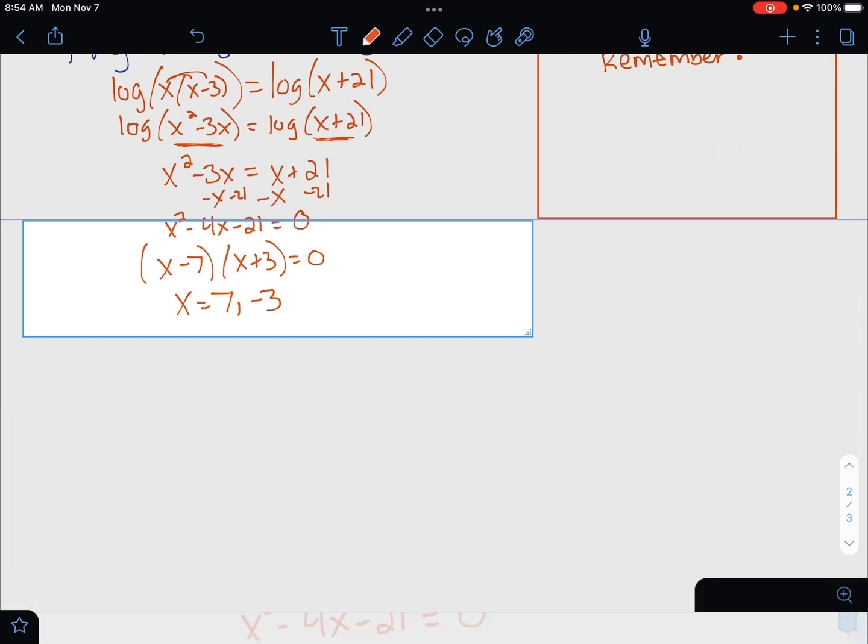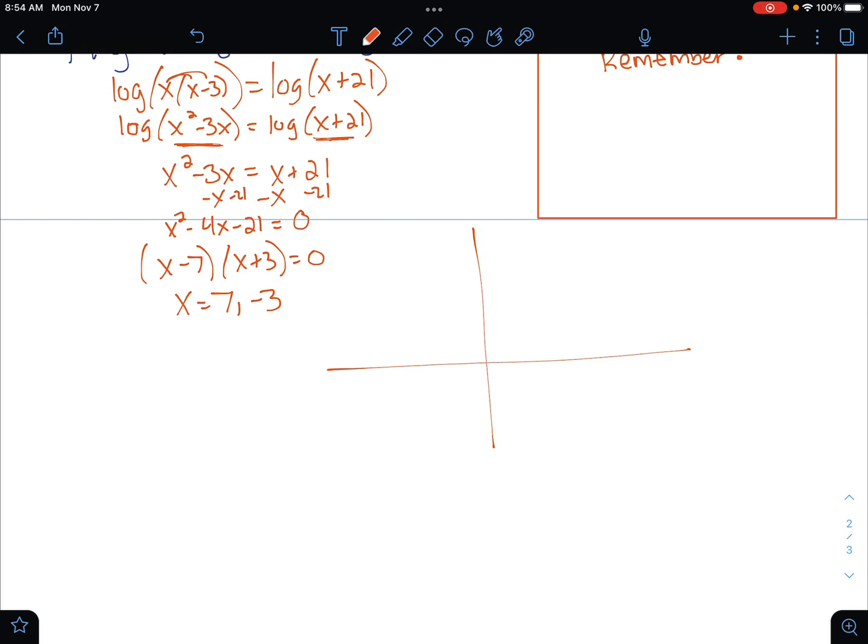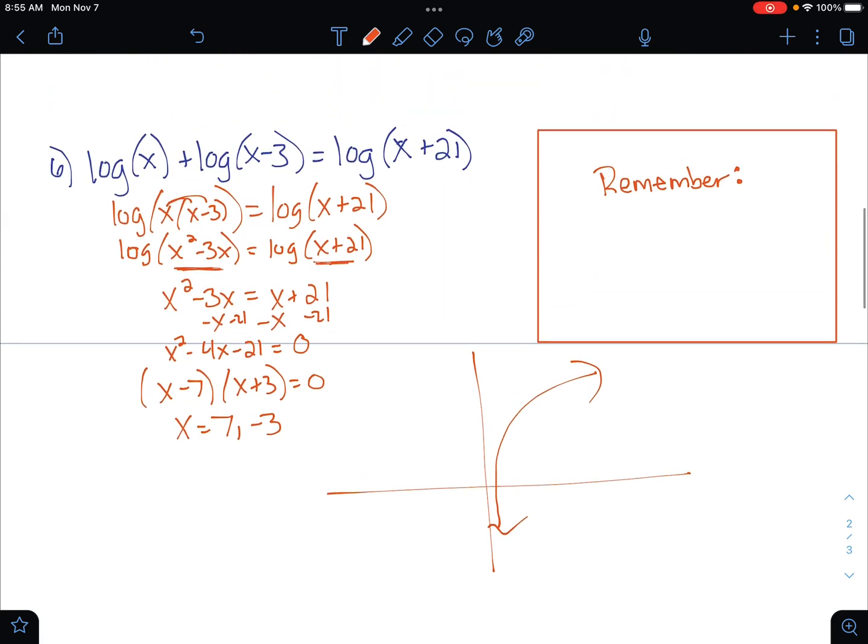Picture your graph for a log. For our graph for the parent function of a log, it looks like this. So what numbers will we never get out as an output, or a range, for a log? We're never going to get a negative number. We can't even plug in a negative number for our x's. Our domains aren't negative either. So that's what we have to remember.